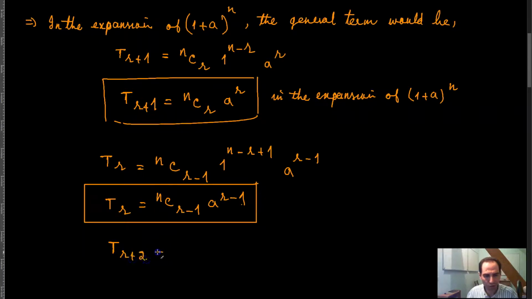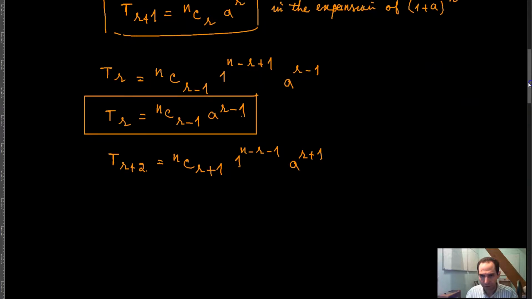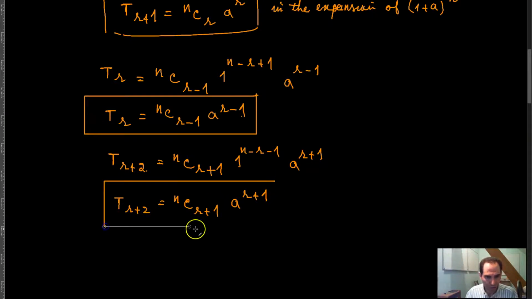T of r plus 2 is equal to n combination, 1 less than r plus 2 would be r plus 1, 1 raised to the power n minus r minus 1, and a raised to the power r plus 1, which is the same thing as n combination r plus 1, a raised to the power r plus 1, and that is T of r plus 2. And that's basically the three terms that we were looking for.